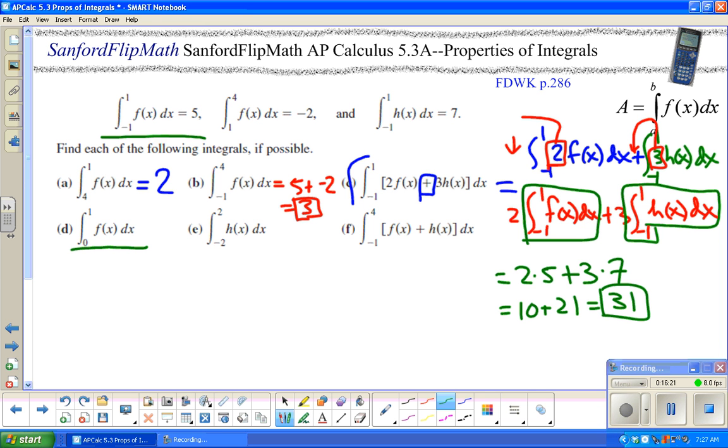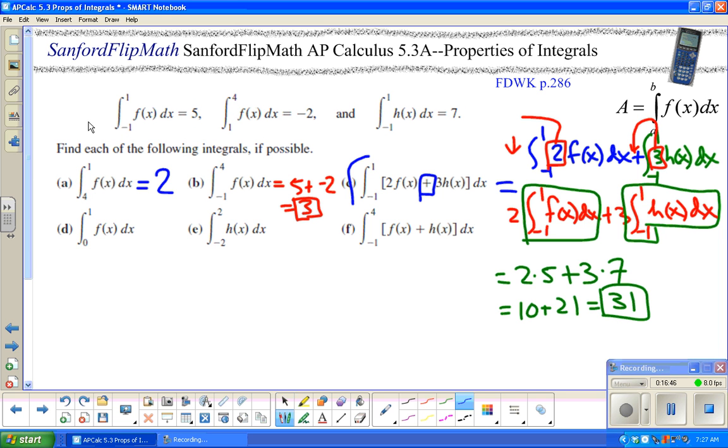If I knew this was an even function, if I knew this function was symmetric over the y-axis, on the left and right side, then maybe I would know we could just cut this in half. I don't know that. I don't see an x value of 0 anywhere for f of x at all. So honestly, I really can't do anything with this.